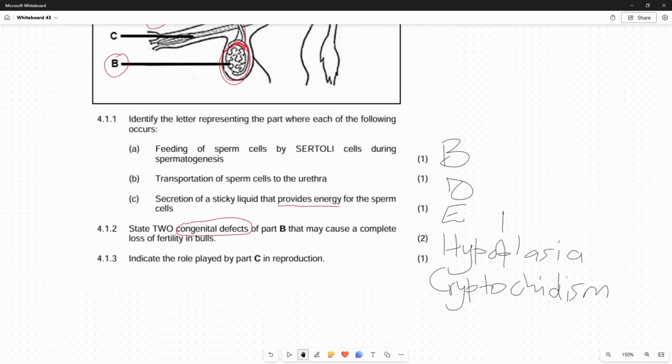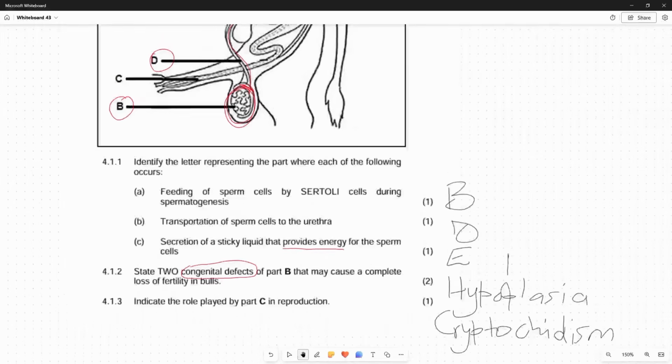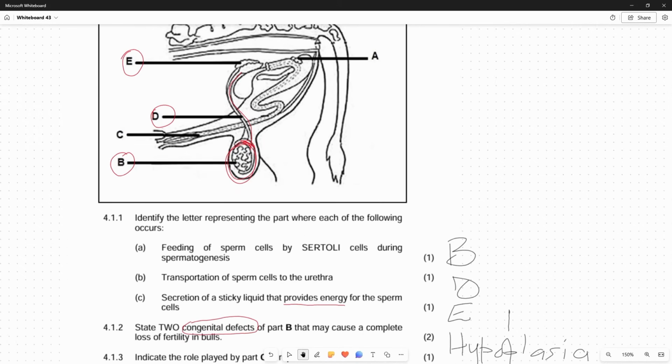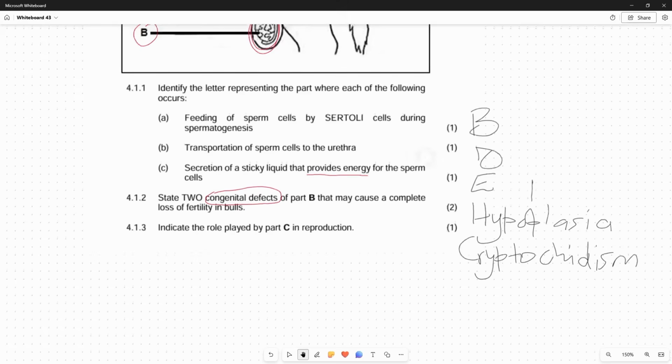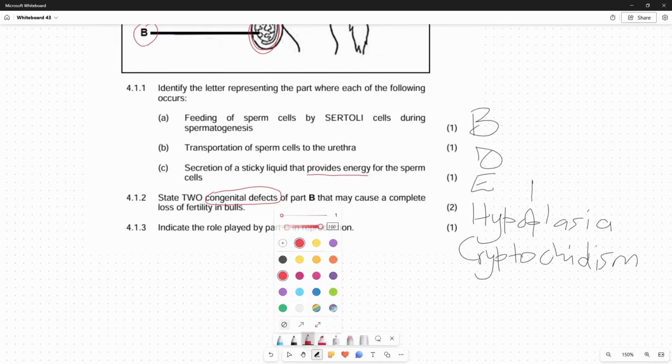All right, then let's look at the last question there. 4.1.3, indicate the role played by part C. Now they want you to know the function. Part C is our mating organ. Here is our part C, the penis. So what is the role of part C in reproduction? Be careful.